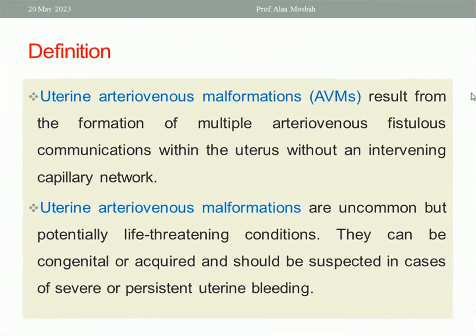So let us start with the definition. Uterine arteriovenous malformation results from the formation of multiple arteriovenous fistulas, communications within the uterus without an intervening capillary network. As we know, arteriovenous malformation can occur in any part of the body.